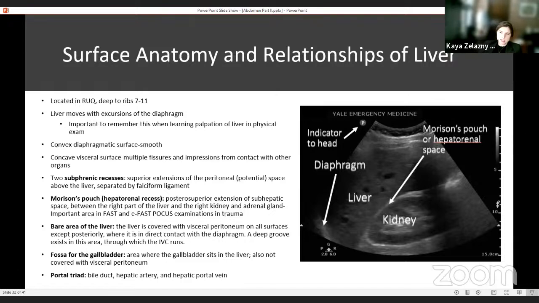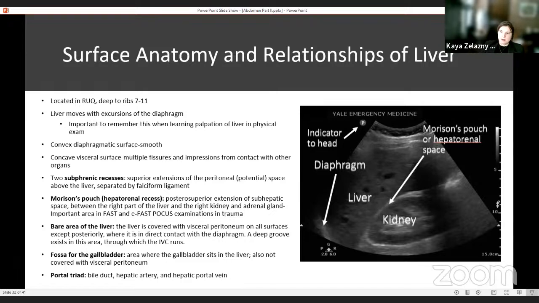On the opposite side, on the visceral surface, so the part that's facing all your abdominal organs, it's going to be concave. It's going to have a bunch of fissures and impressions where you have other organs coming into contact with it. There are two potential spaces between essentially the liver and the diaphragm.